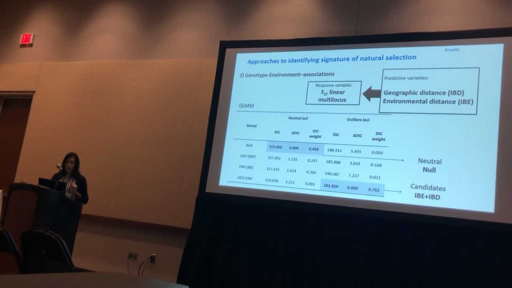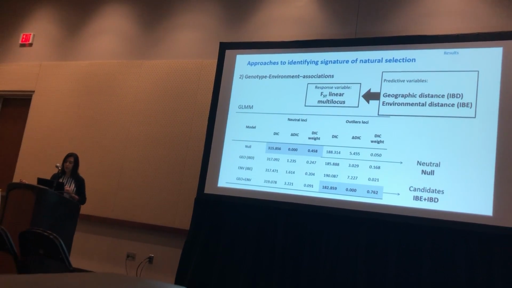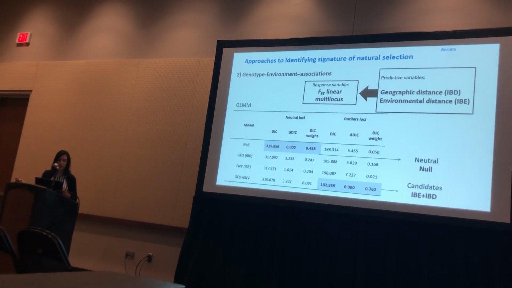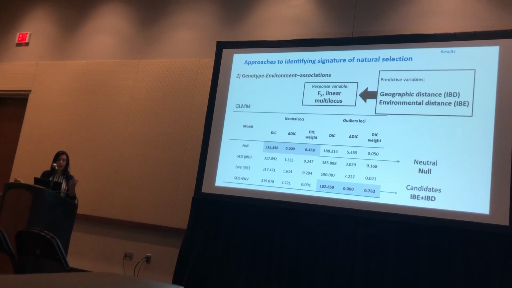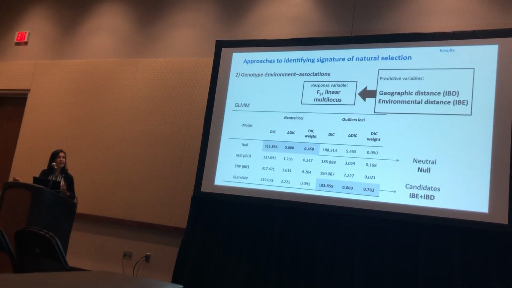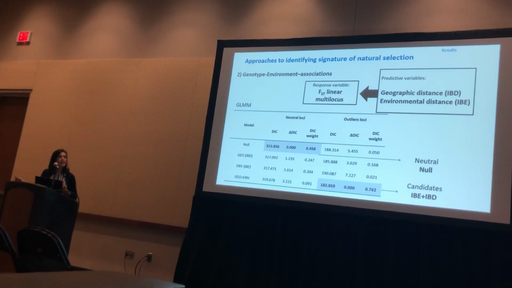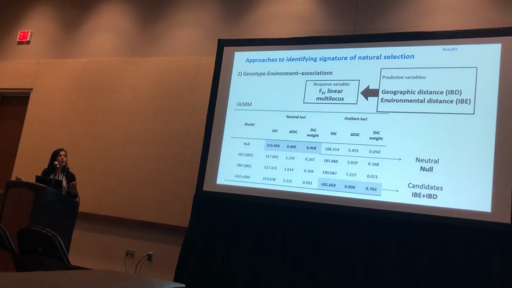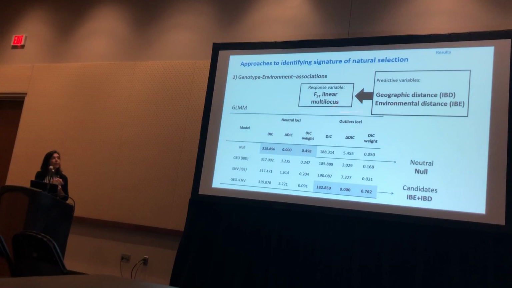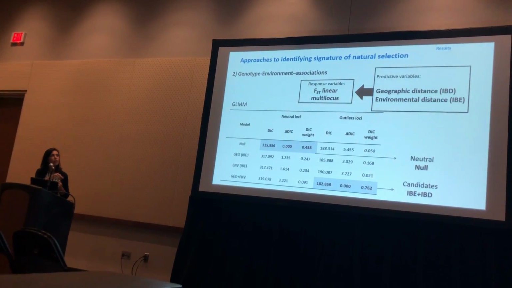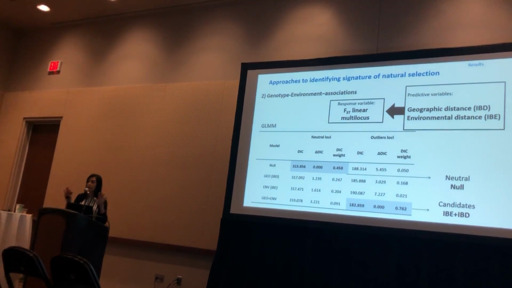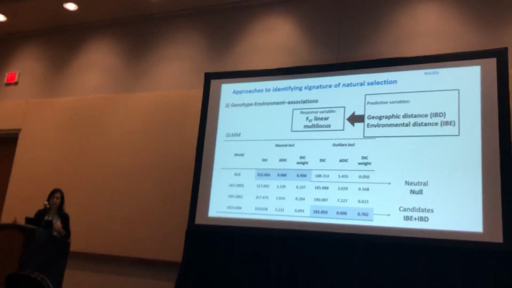The second approach we used to identify signatures of natural selection was genotype-environment association. We used geographic pairwise distance matrices and environmental distance matrices to test isolation by distance and isolation by environment against the matrices of genetic differentiation, using neutral loci and outlier loci separately.